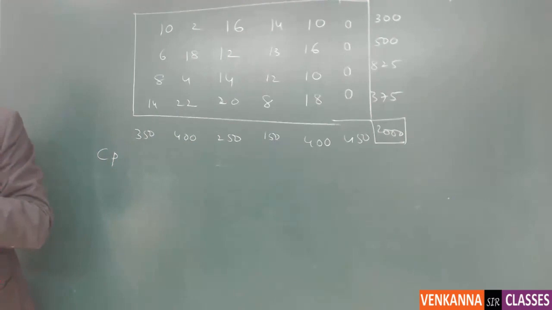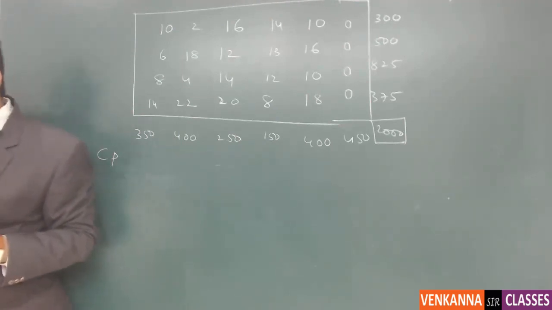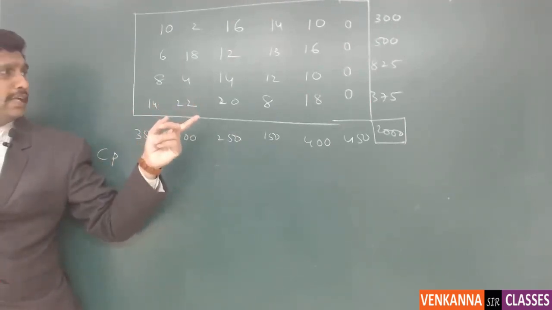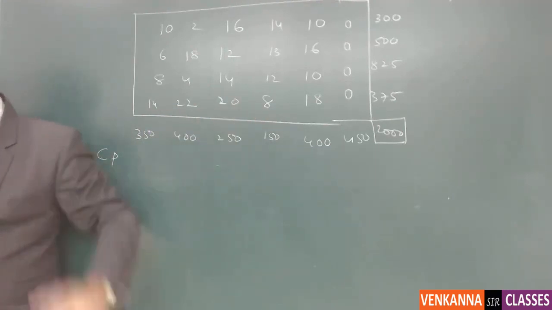Under this VAM method, for the first iteration. Second row. So while calculating the penalties, you are going to take the consideration of zeros as well, right?